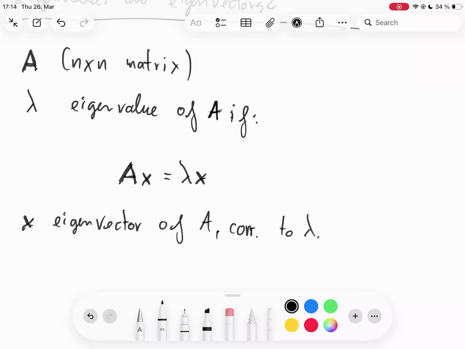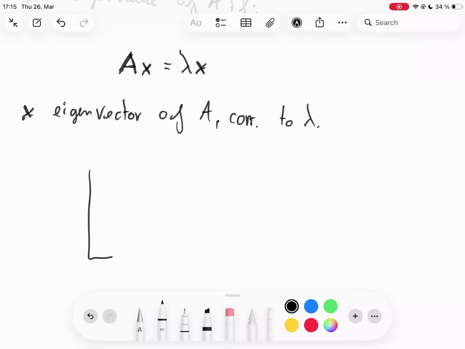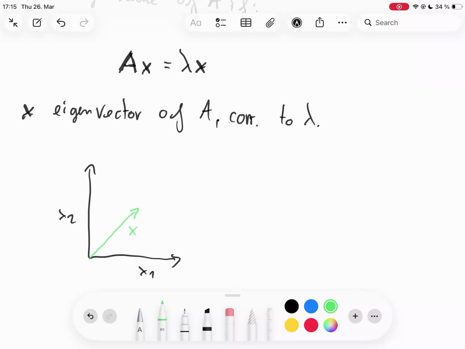What does this mean? An n times n matrix may have multiple eigenvectors, and for each eigenvector, there's a corresponding eigenvalue. There are lots of applications for this in civil engineering, in electrical engineering, in geometry. For example, if we see this from a geometry perspective, I have x1, x2, and a vector, concretely my eigenvector.